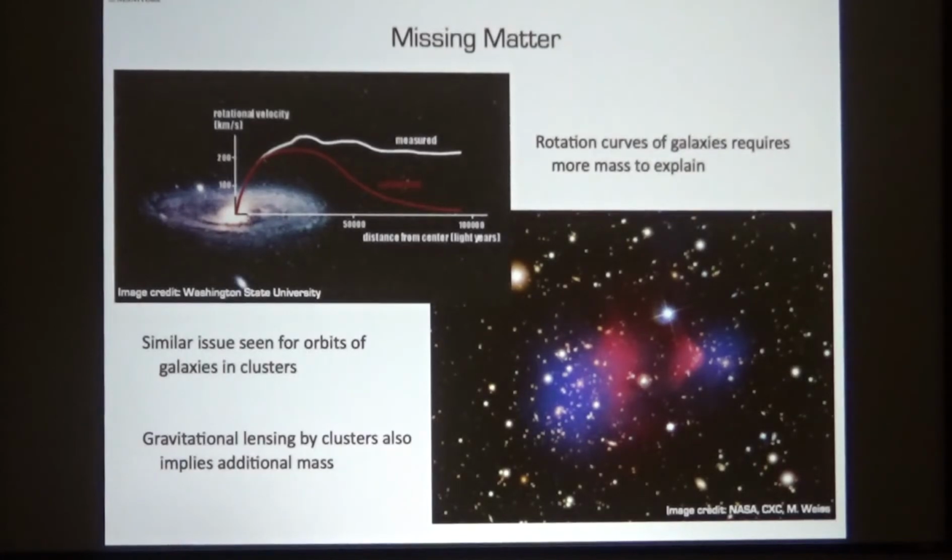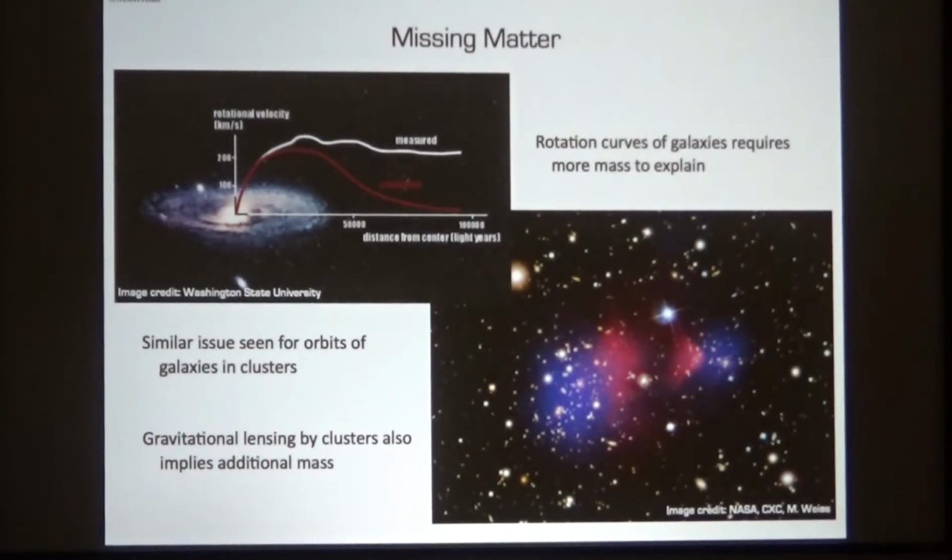So in the 1930s and the 1950s, in the 30s we saw galaxy clusters, in the 50s we saw galaxies. We noticed that the orbits of stars around the centres of galaxies, and galaxies around the centres of galaxy clusters, weren't what we expected.